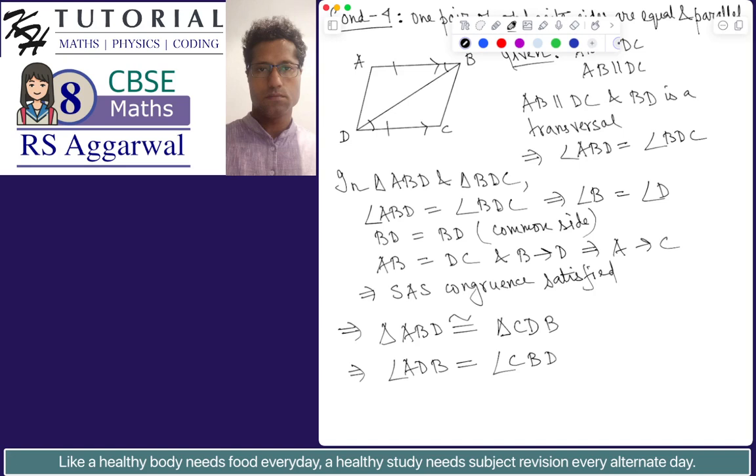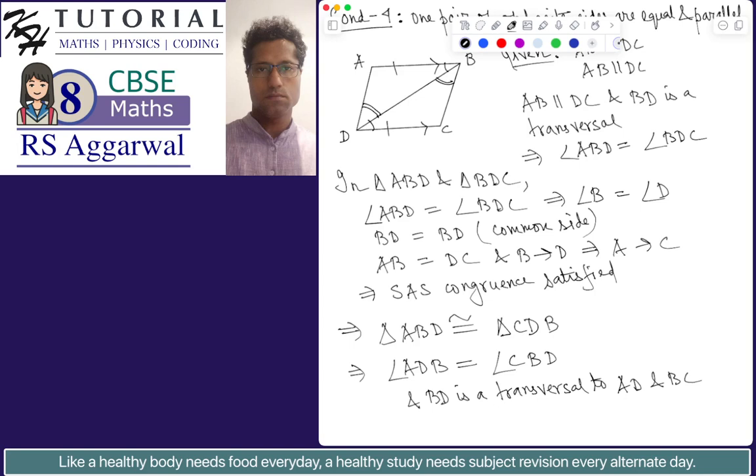So we have this angle equal, and BD is a transversal to AD and BC, and angle ADB and angle CBD are alternate interior angles.